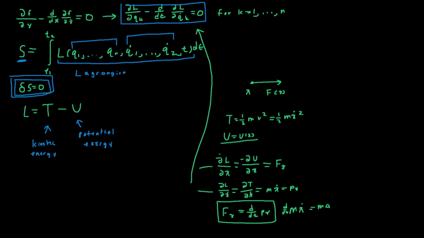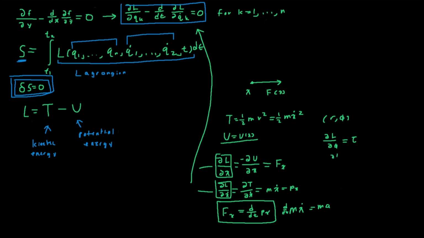This partial derivative is defined as the generalized force, and this right here is the generalized momentum. If we work in polar coordinates, for example r and phi, then the component of generalized force in the phi direction is going to be equal to the torque.